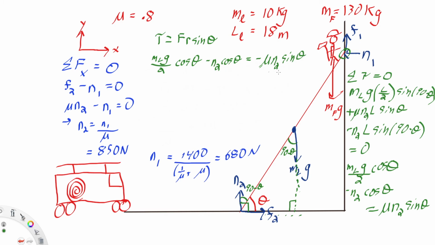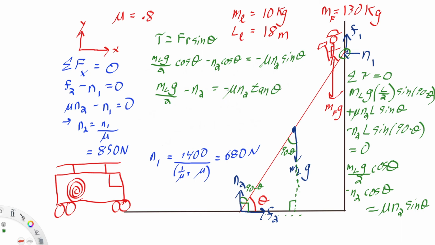All right, we're going to divide both sides by cosine, because then we have sine divided by cosine, which gives us a good old tangent.